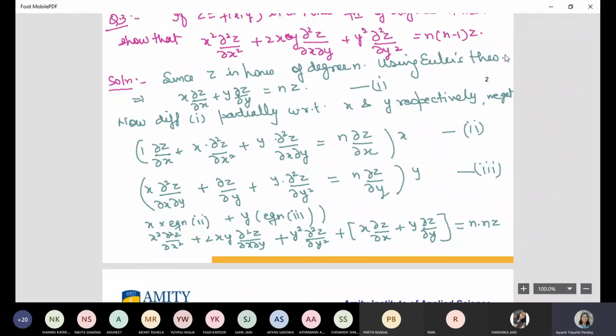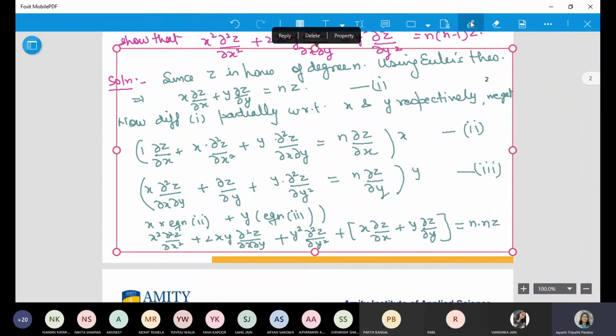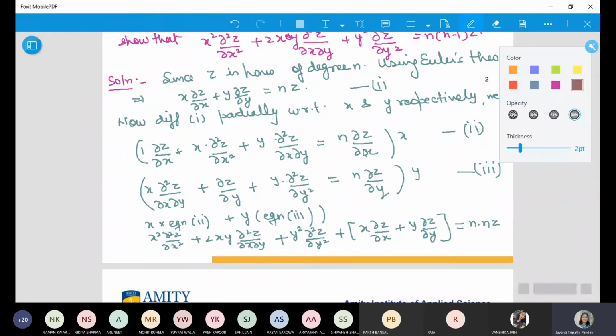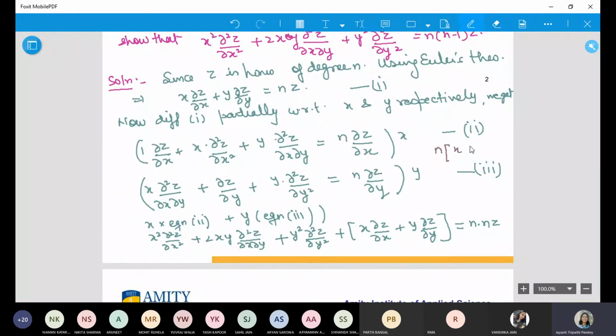I'm writing RHS here. You will get n times x ∂z/∂x plus y ∂z/∂y, and this value is nz by Euler's theorem. So I have written it n into nz. Yes, ma'am, it's clear.